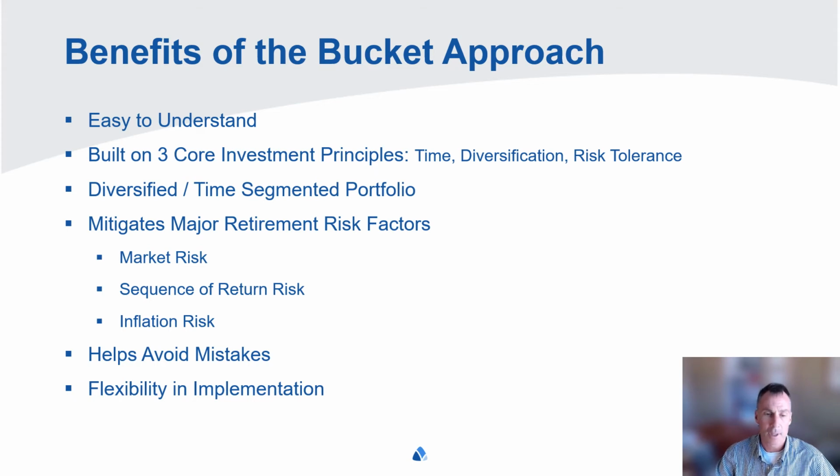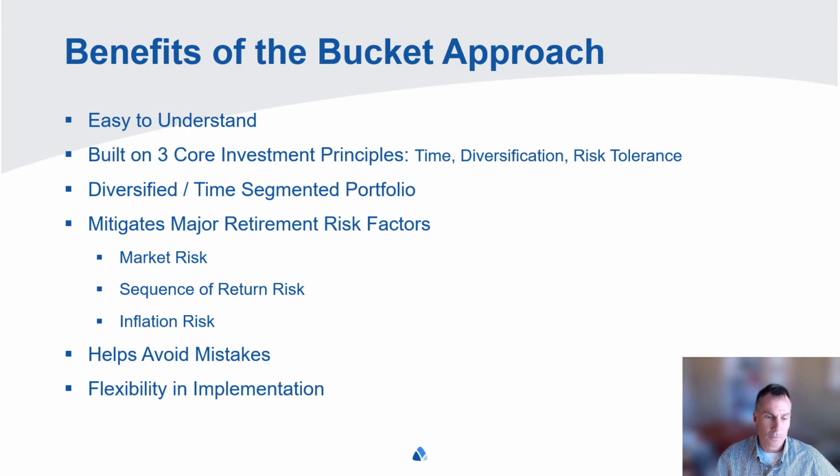Basically, the risk you're exposed to is a significant downturn in the market right before or as you transition into retirement. So again, having the money segmented into different buckets mitigates those risks.